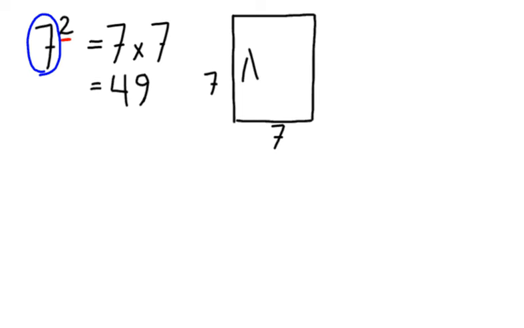What it also tells us is that the square root of 49, so if they gave you a question where it was just a square that said area equals 49, and you took the square root of 49, that would tell you that the side length, or the square root of 49, is 7. So there's a quick mini lesson on what squares and square roots do. I hope that this has helped.